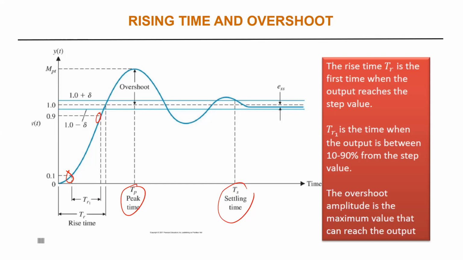Okay. For the steady state, we will come a little bit later. The error, we will come later and talk about how to eliminate the error if there is an error in the system. But for the time being, let me relate the maximum value, when that maximum value will happen, the settling time and the rise time.